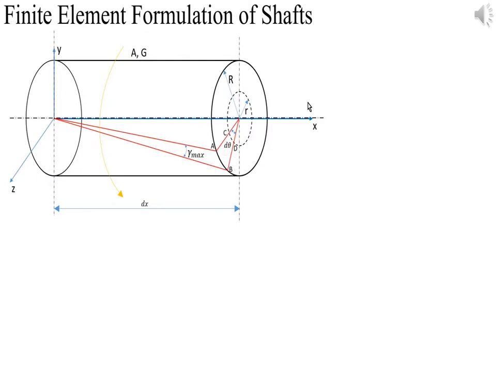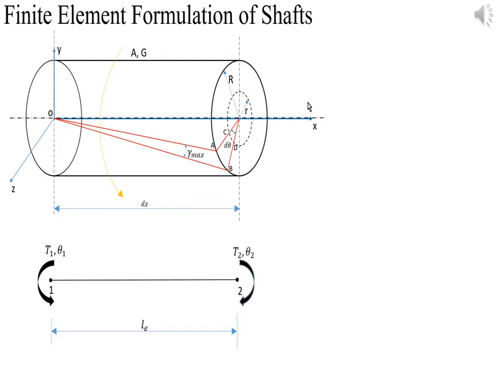So let us model this bar into a 1D bar element with two nodes 1 and 2, with element length LE. Node 1 is subjected to a twisting moment T1 and angle of twist theta1, and node 2 is subjected to a twisting moment or torque T2 and angle of twist theta2.